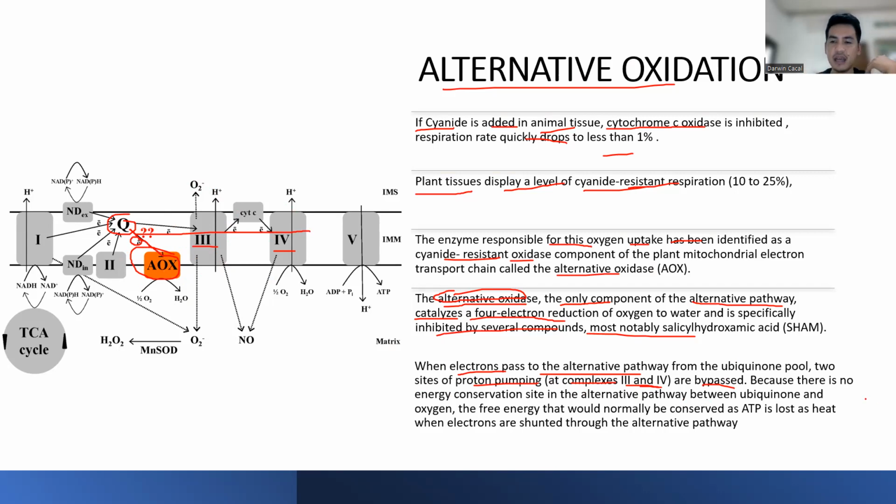It will release oxygen because there is no energy conservation site in the alternative pathway. So there are no energy conservation sites in the alternative oxidation. What is there is only the electron, where it produces energy on its own. Okay? What this means, so that we understand better: for complex 3 and complex 4, before going to the next complex, complex 3 needs to pump.